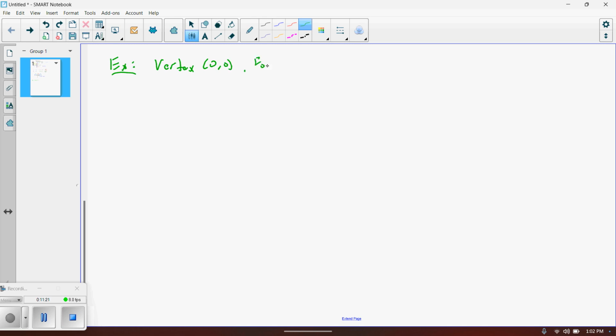The focus is at the point 3, 0. And then we want to graph it as well. So it's good to be able to figure out, okay, well, from this, how do I know which way this thing is going to open? Well, if you just go to your sketch here, you know the vertex is at the origin.